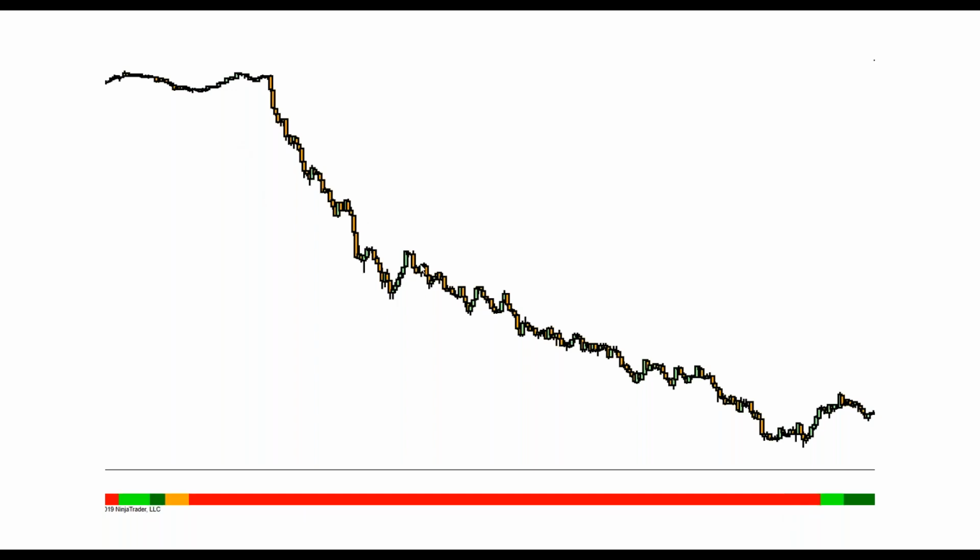Now, do Japanese candlestick patterns have any relevance here? No. I mean, if they try to call a bottom, are they going to work? No. If we look to fade an oscillator, is it going to work? No. If we look to try to fade MACD divergence, is it going to work?